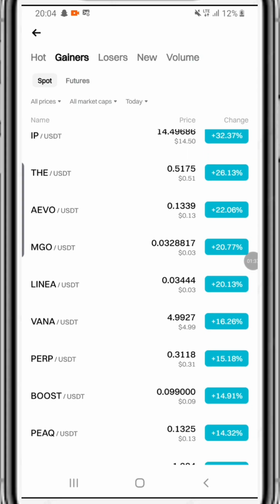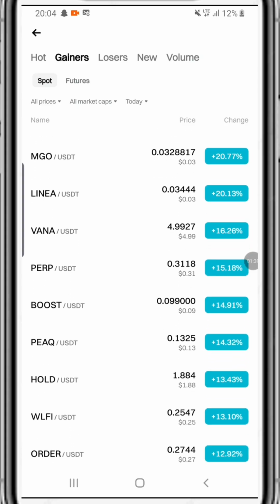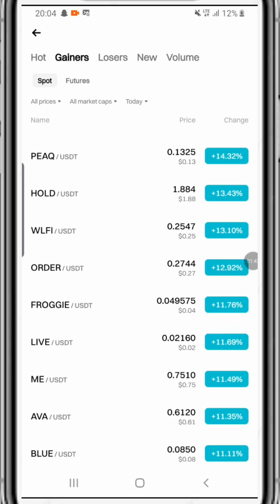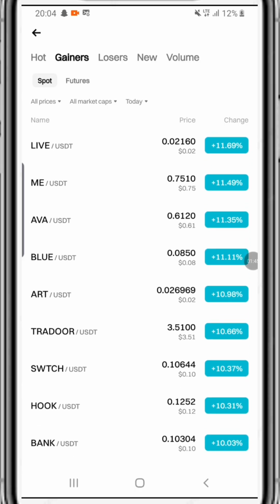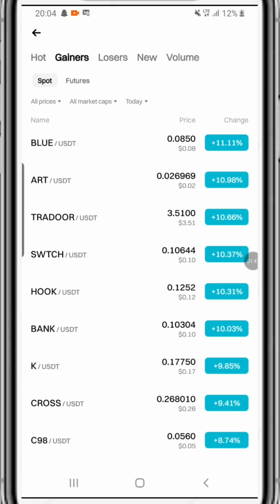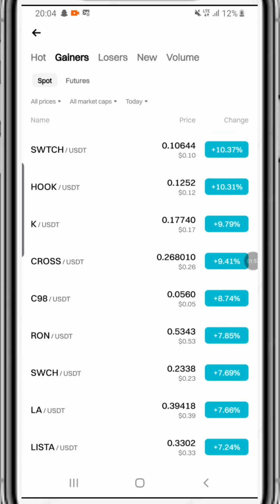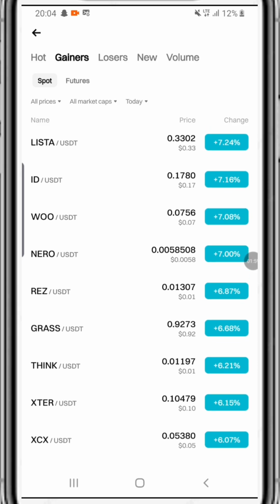Same with Ivo, same with Linear. All these currencies have a whole lot of profit already. So your target is to buy a coin when it is low, so that you can sell it when the price has risen, and you can take out your profit. That's your target in spot trading.